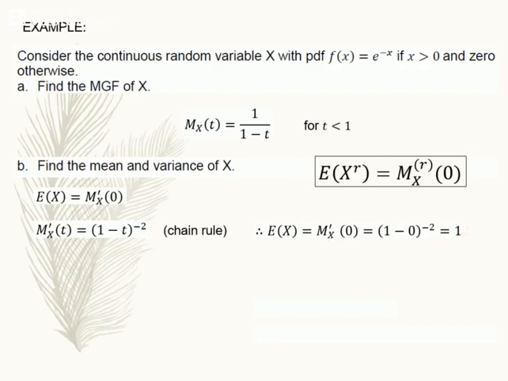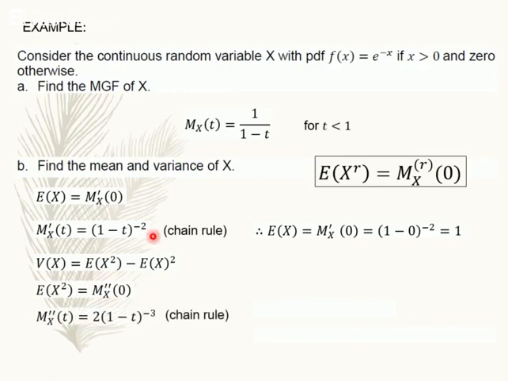Now, in order to find the variance, remember this is a shortcut formula for the variance, we're going to need the expected value of x squared. We already have the expected value of x. To get the expected value of x squared, it's just the second derivative of the moment generating function with 0 substituted in place of t. To find that second derivative, we use the chain rule on this line again.